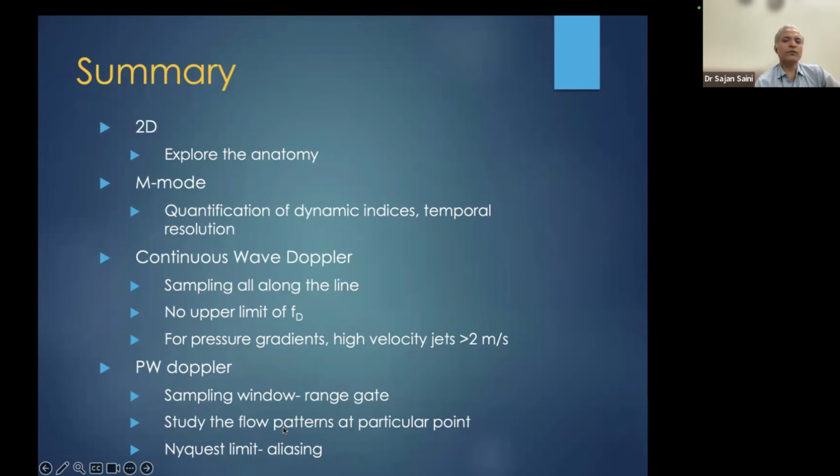We study the flow patterns at that particular point, but it comes with the caveat of the Nyquist limit. If the sampling frequency is more than the Nyquist limit, or half the pulse repetition frequency, then aliasing will happen, and you will have to improve your scale or convert to continuous wave Doppler in order to optimize your image.